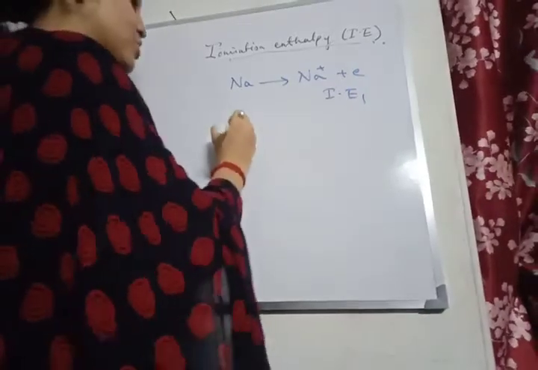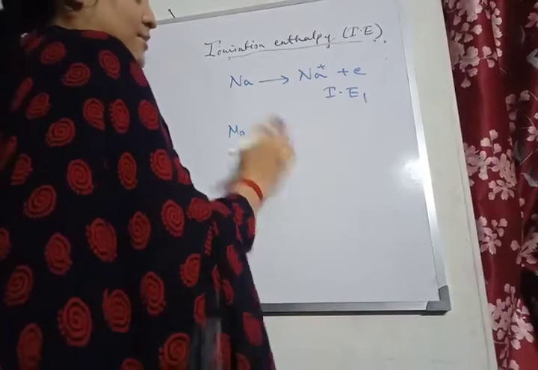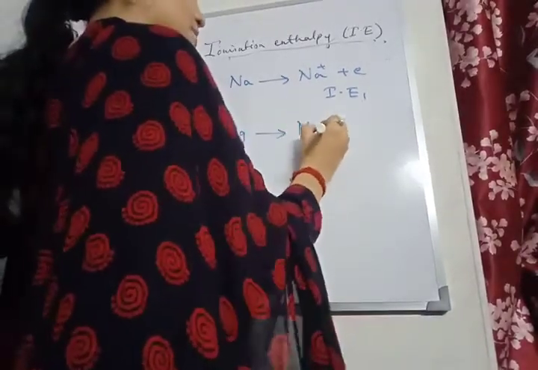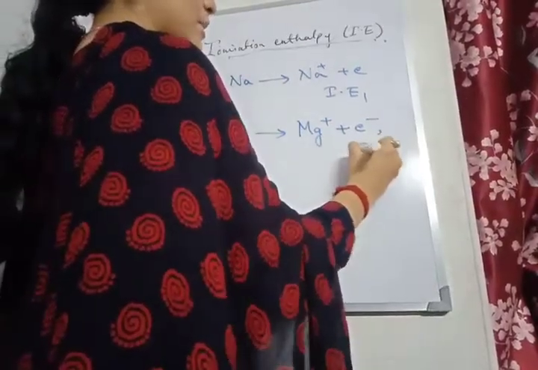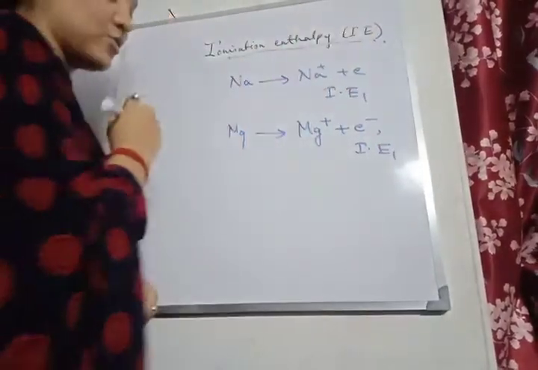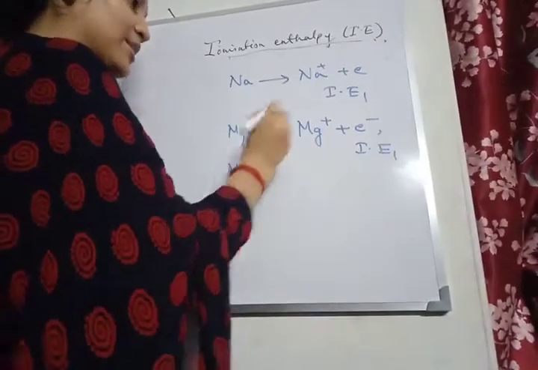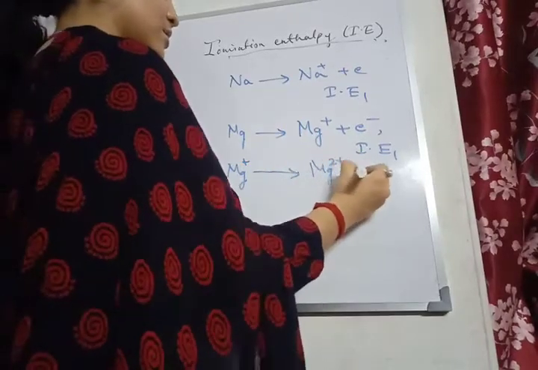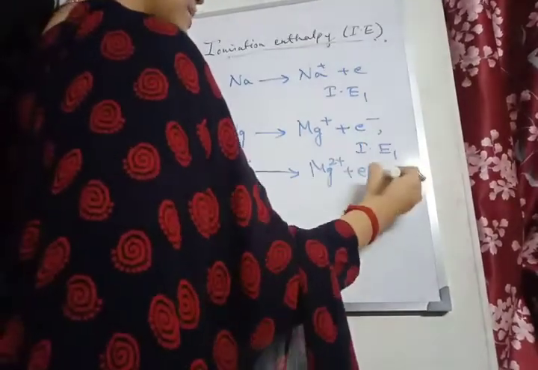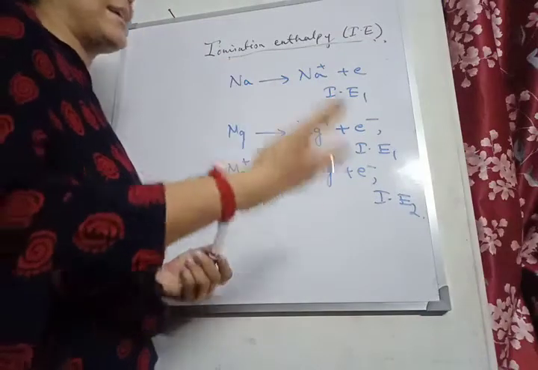Magnesium has two valence electrons. In the first step, one electron is removed; this is IE1, the first ionization potential. In the second step, we remove an electron from Mg+ to give Mg2+, and this is IE2. So when there is more than one IE value, that is the successive ionization potential.